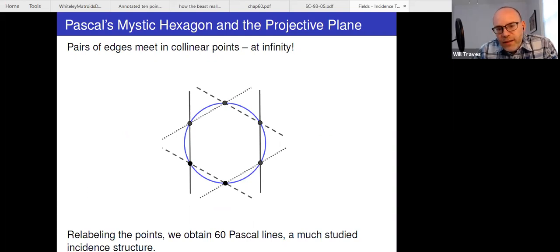And, you know, the parallel lines, if they're viewed as meeting at infinity, right? And in P2, this makes a lot of sense. Then Pascal is saying that all the points at infinity lie on a line, and that's somehow viewed as somewhat mystical, I guess, at the time.